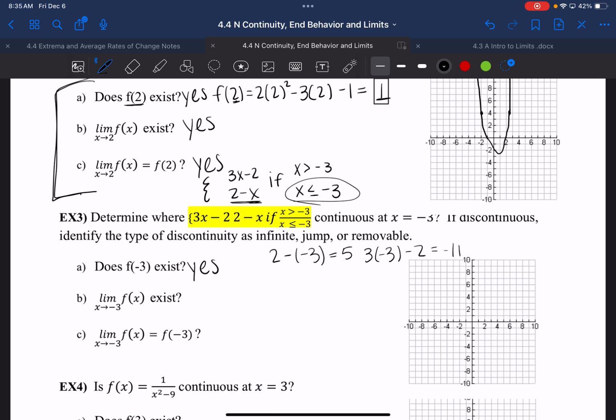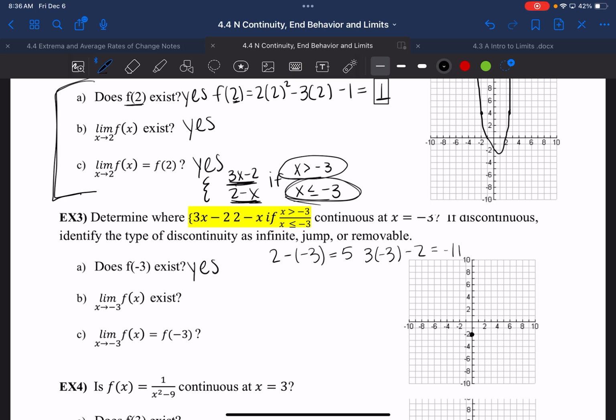Okay, so here, for the limit, we need to graph it. Some things to keep in mind is that they said that this part of the graph only exists for x greater than -3, and this part of the graph only exists for x less than or equal to -3, right? So you can draw the whole thing if you're just plotting it yourself, but you might need to erase some parts once you have it drawn. So for that first one, we've got 3x minus 2. So that would mean we start at negative 2, right?